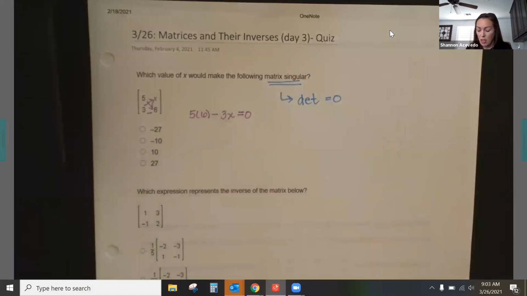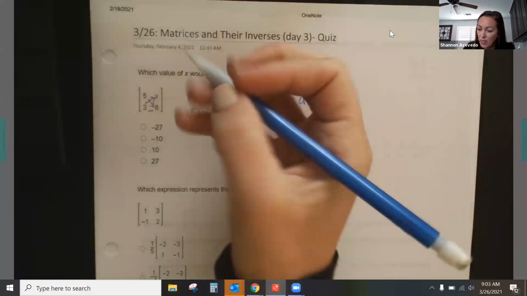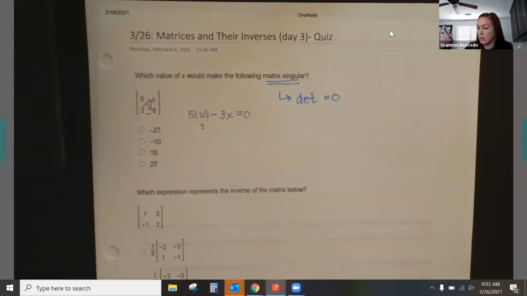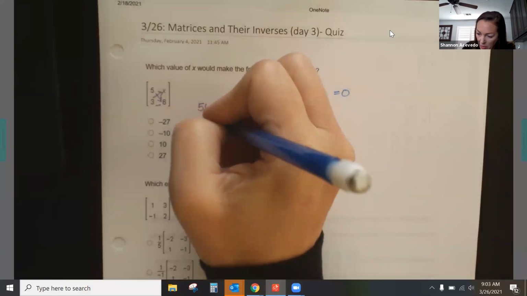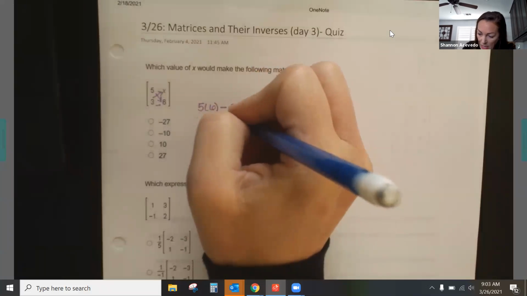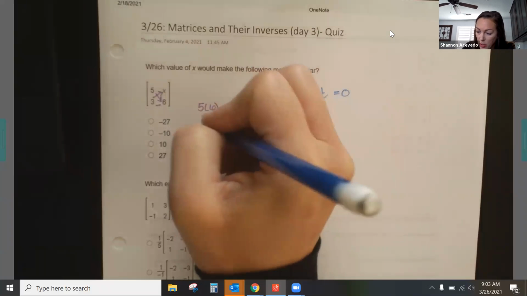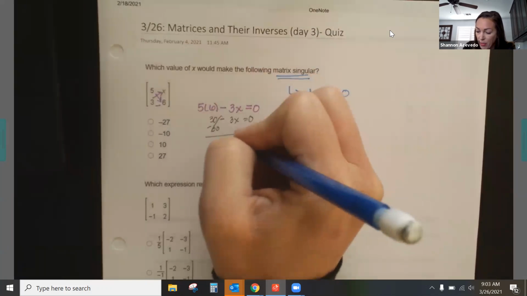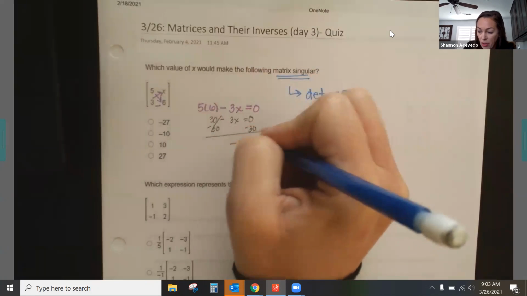So I go ahead and I solve this out. I get 30 minus 3x is equal to 0. Subtract 30 from both sides, and I get negative 3x is equal to negative 30.